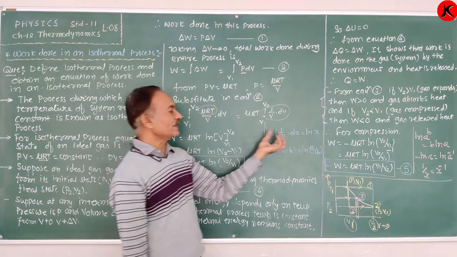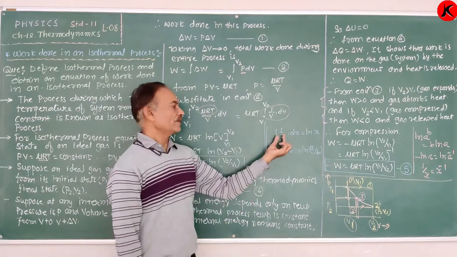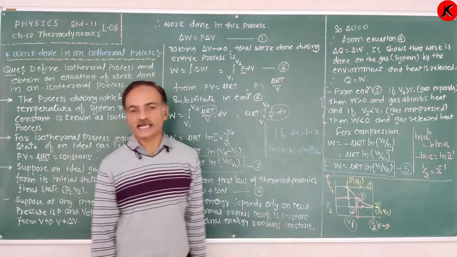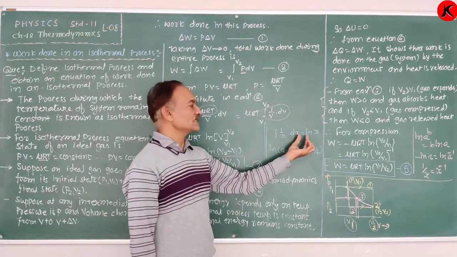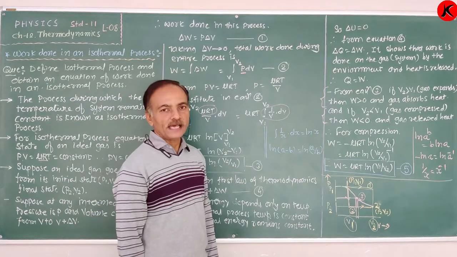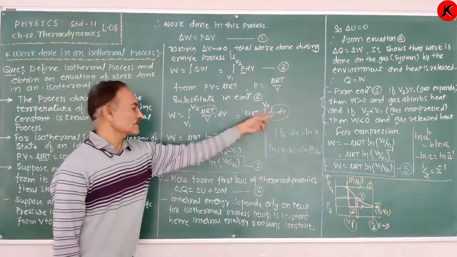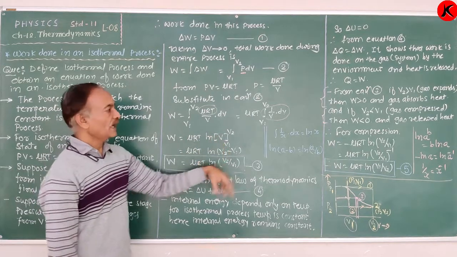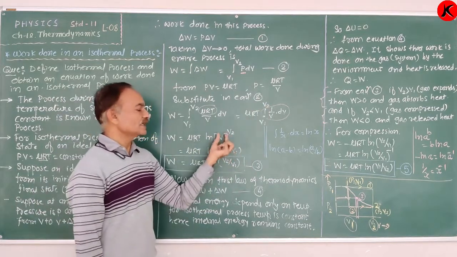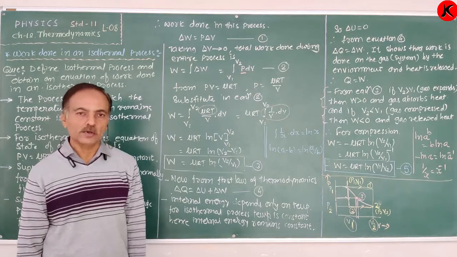We have the standard integration: integration of 1 upon x into dx is equal to ln x. According to this equation, W is equal to mu RT ln V, with the limits from the initial to the final volume, V1 to V2.